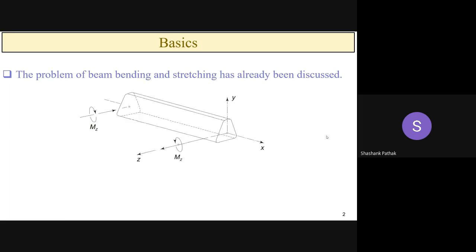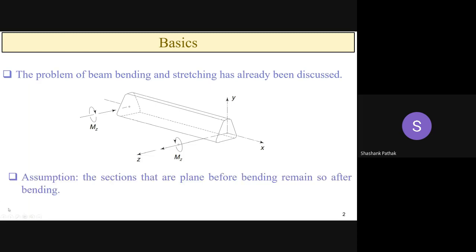Now here, this is a simple prismatic beam or bar that you see here, which is completely symmetrical. We know the basic assumption that sections that are plane before bending will remain plane even after the bending. And this is a simple symmetrical bending case.